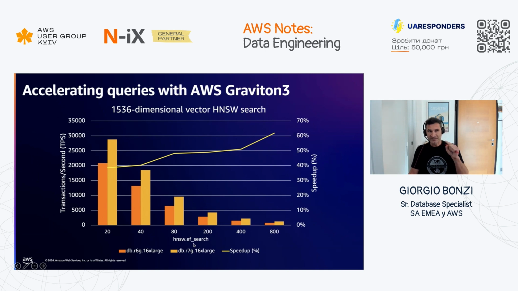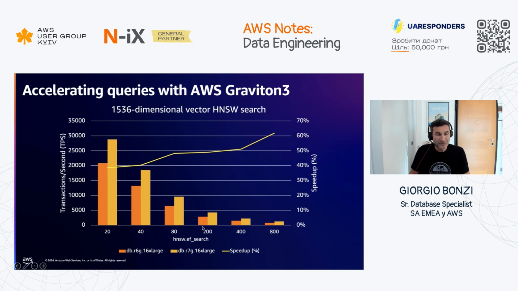Do you remember, when you increase this parameter, you can improve your recall, so you can obtain higher accuracy of your result, but on the other hand, you will consume much more resources, and also the response time of your query will be higher.